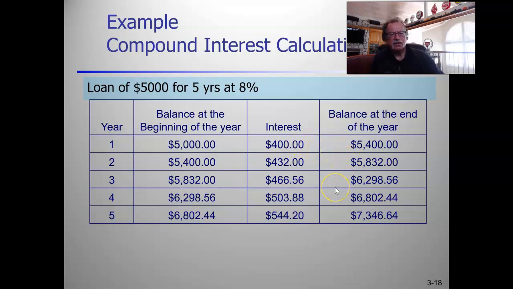So at the end of the 5th year, if we don't pay any interest at all, we owe $7,347 on this $5,000 loan. So this is the payoff amount at the end of each year. At the end of the first year, it's $5,400. At the end of the second year, $5,832, all the way down to $7,347 at the end of the 5th year.